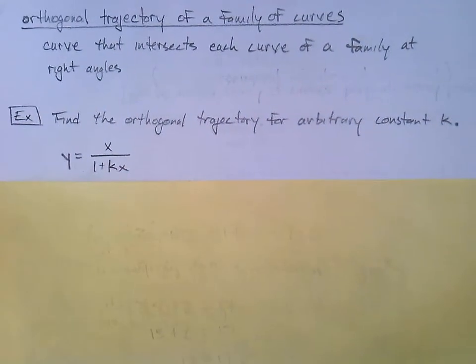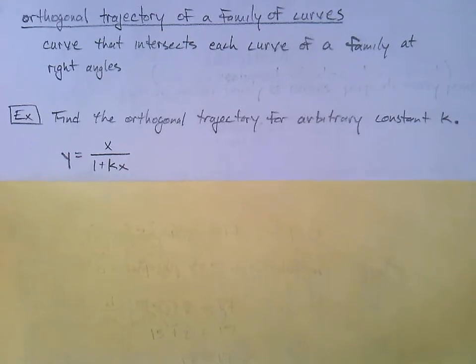Here's our example. We're going to find the orthogonal trajectory for arbitrary constant k. So we've got y equals x over 1 plus kx. How are we even going to begin this?